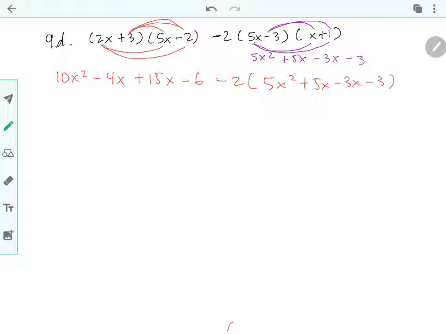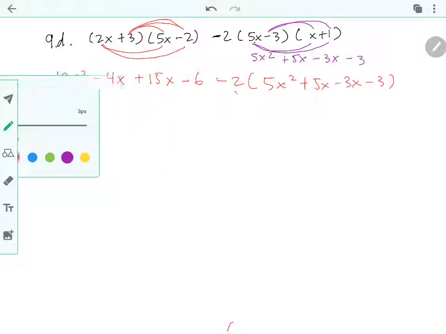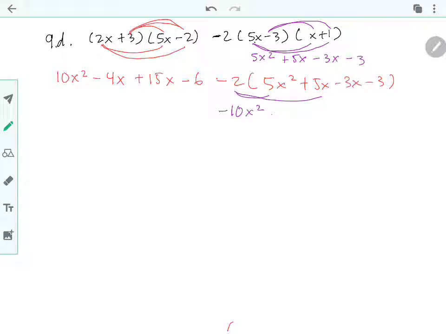Okay, so what shall we do? Still another rainbow method. Negative 2 times 5x squared is negative 10x squared. Negative 2 times 5x equals negative 10x. Negative 2 times negative 3x equals plus 6x. Last one, negative 2 times negative 3 equals positive 6.